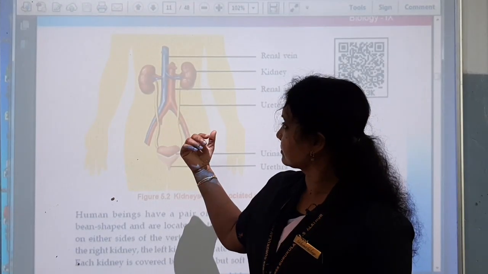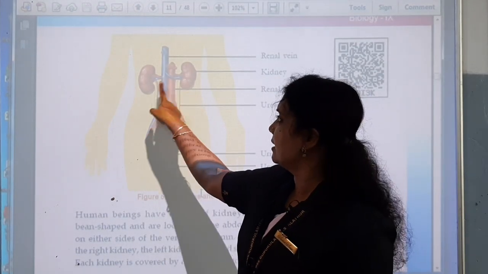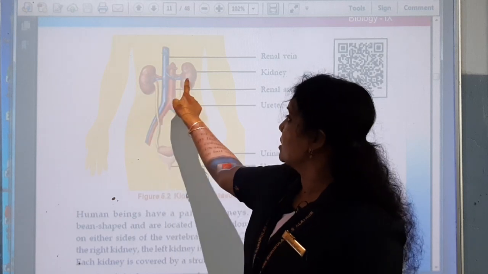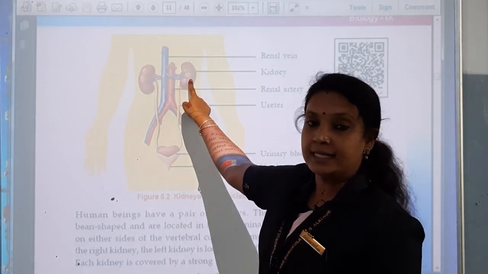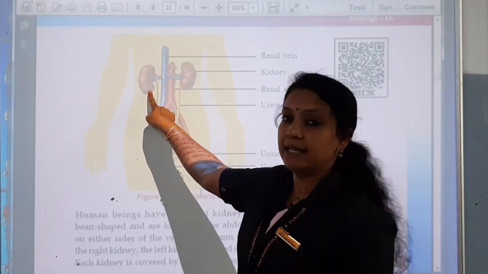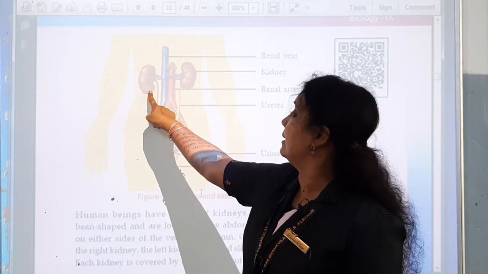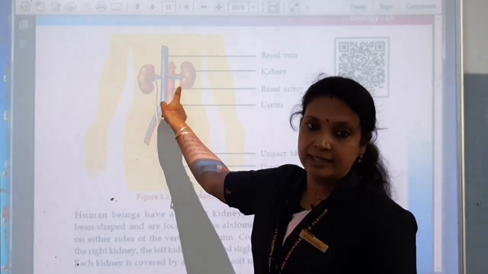The position of the left kidney is slightly higher than the right kidney. You can see here, this is the left kidney, this is the right kidney, and the shape of the kidneys is very clear in this figure.